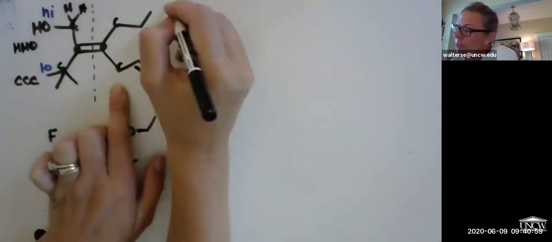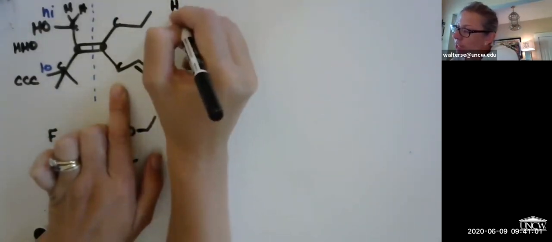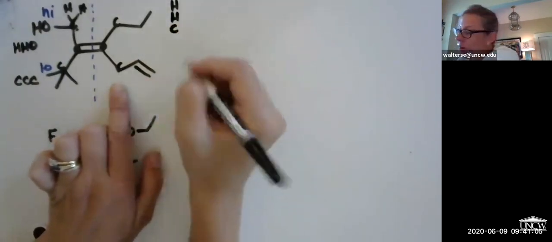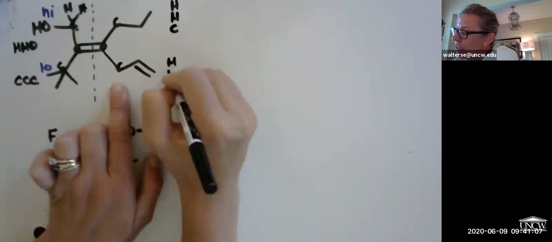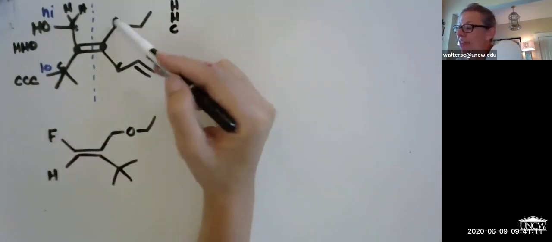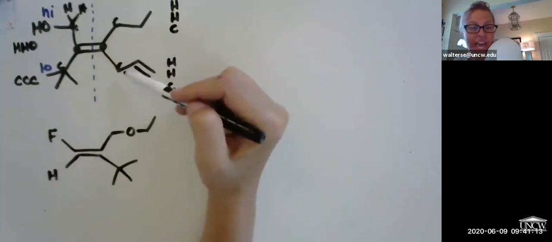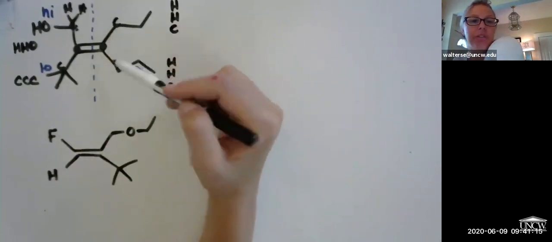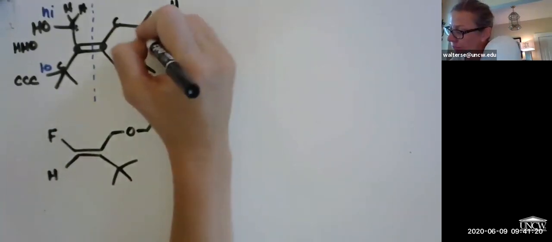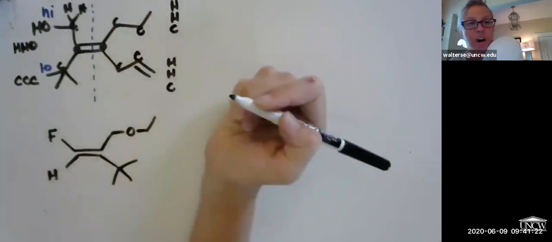The top carbon is bonded to hydrogen, hydrogen, carbon. The bottom carbon is bonded to hydrogen, hydrogen, carbon. So these two carbons and the atoms associated with them can't be used to distinguish. So you move on to this carbon. Carbon to carbon.